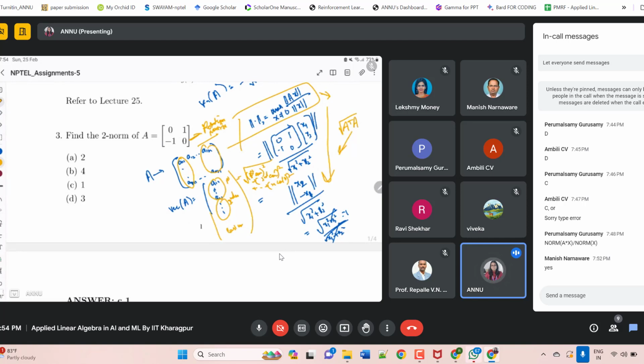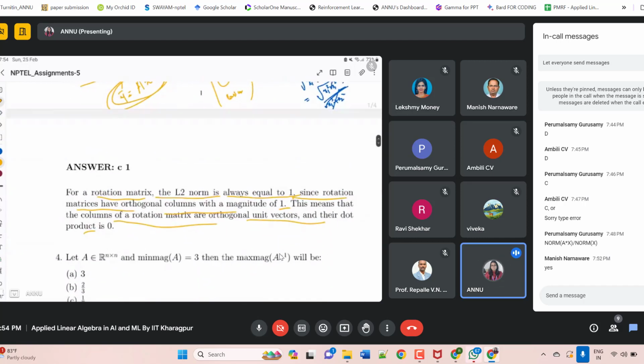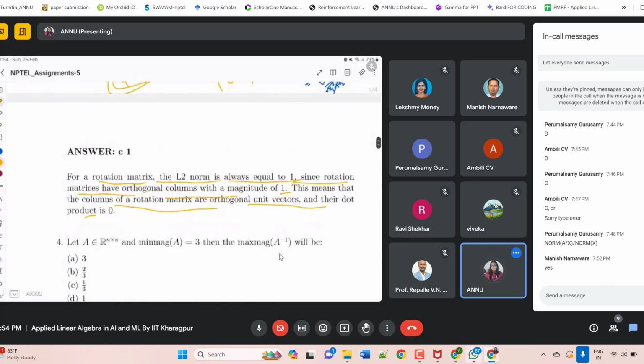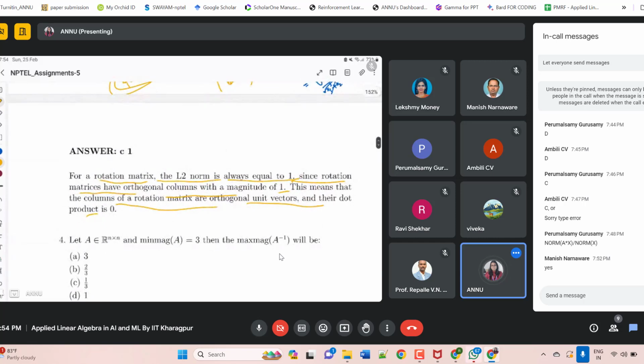What is a rotation matrix? You have this x vector, and you rotate it by theta in the anti-clockwise direction and get some y vector. This rotation from x to y is caused by A, so y is A of x. So all the rotation matrices will have norm 1. Okay, sorry. Now let's solve question number 4.